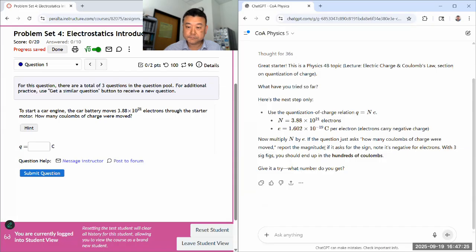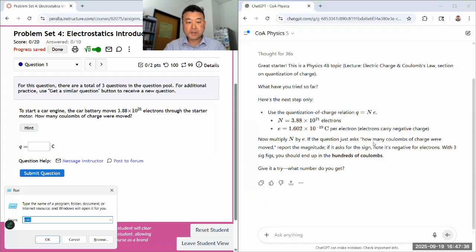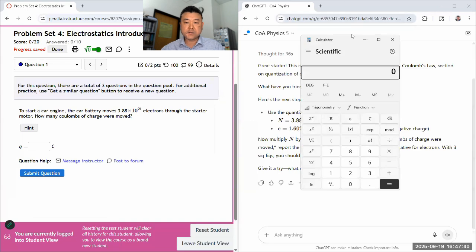Oh. How many coulombs of charge are removed? Put the magnitude. Oh, charge removed. So I can do this. Let me do the calculation, and I'll just very aggressively round it.